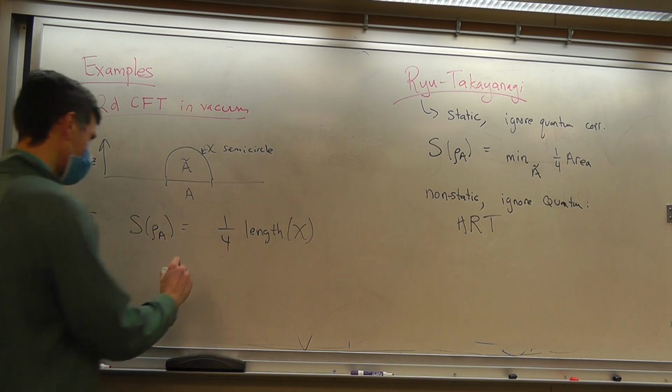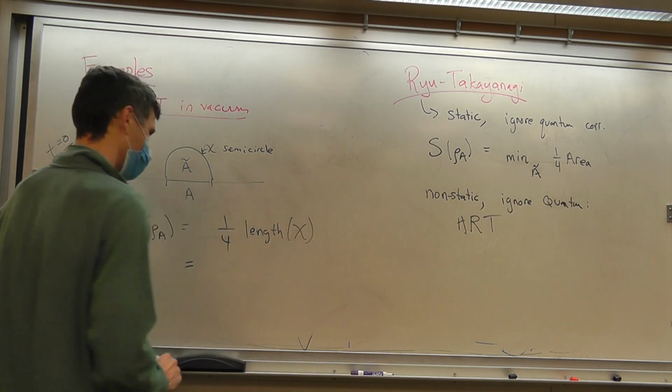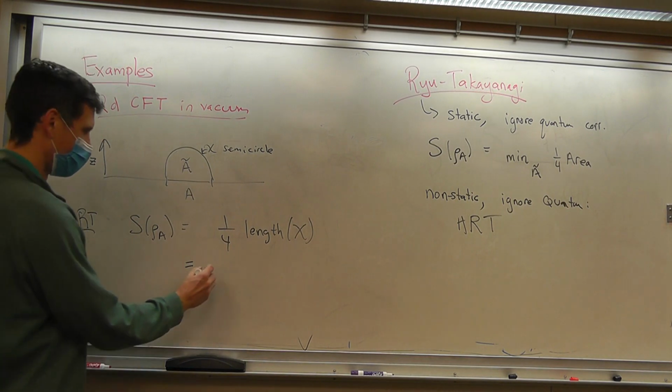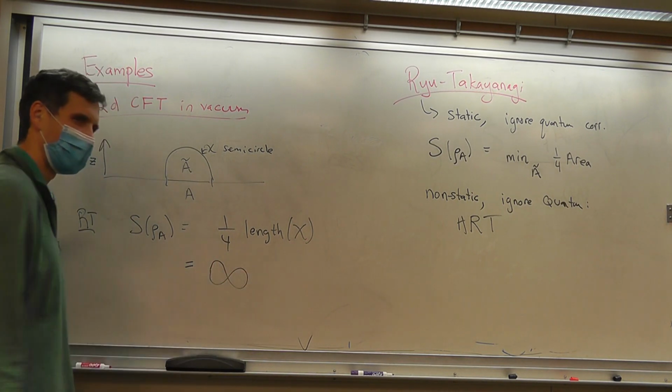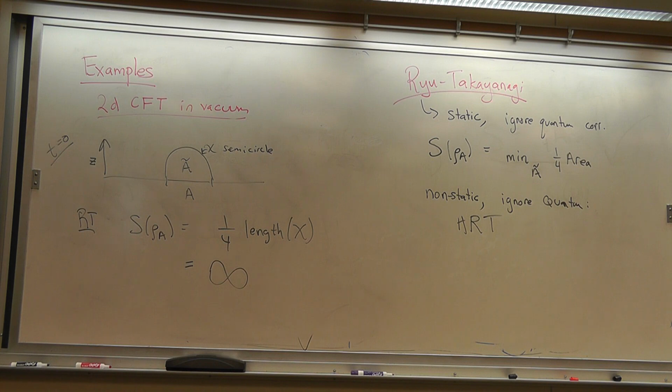Any guesses what that is? Infinity. Okay, because we're in hyperbolic space, and the boundary of hyperbolic space is infinitely far away. But it's supposed to be infinity, because entanglement entropy is infinite in quantum field theory. So it worked, but we could do a bit better.